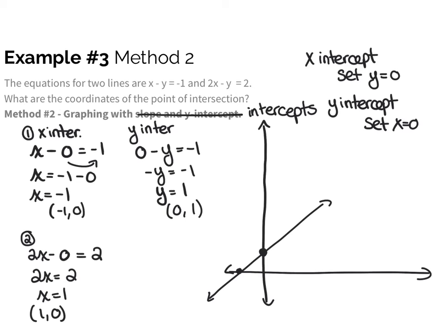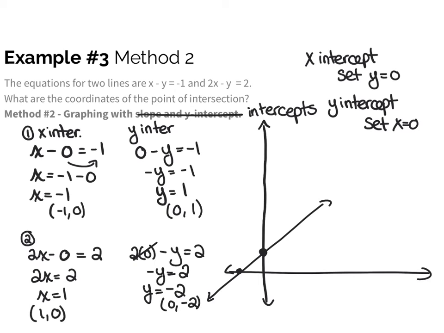I'll set x equal to 0. So 2 times 0 minus y. Anything times 0 is just 0, so that's going to cancel out. I get minus y equals 2. And when I change the negative, I get y equals -2. So in this case, we get 0, -2.